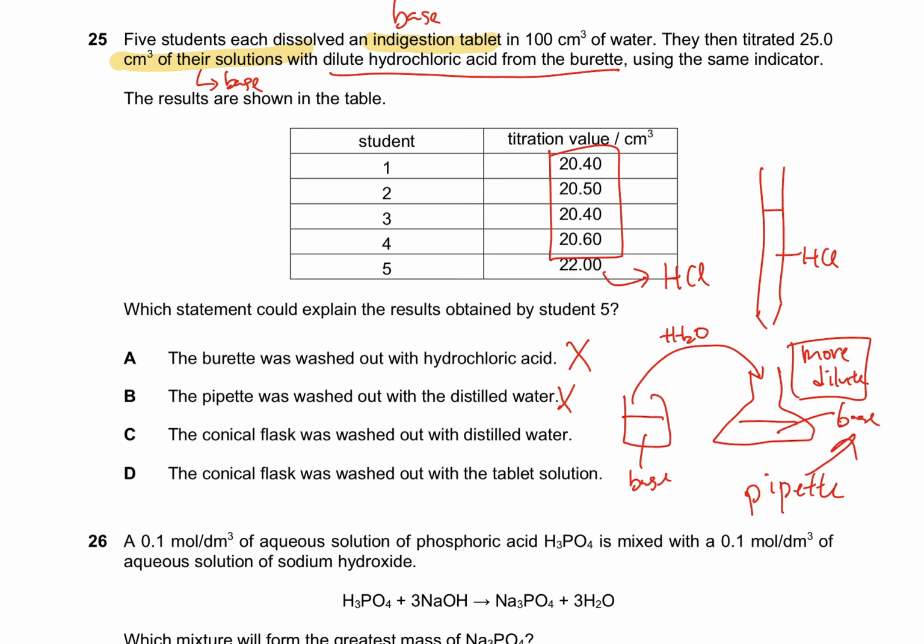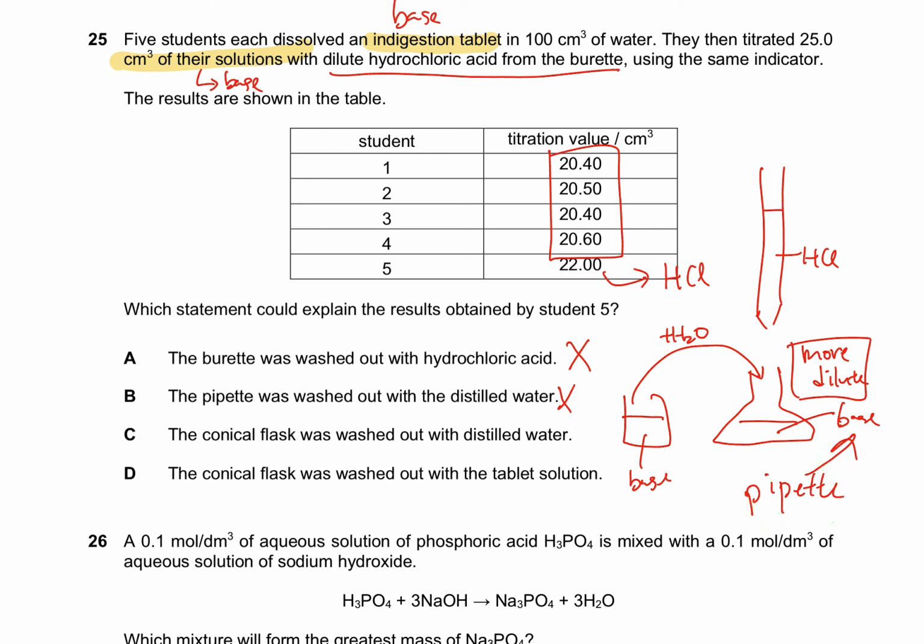Next one, the conical flask was washed out with distilled water. Now we all know, when we do titration, we are supposed to wash the conical flask with distilled water. The reason why washing with distilled water is fine is because even if there's water inside here, the pipette is still okay.